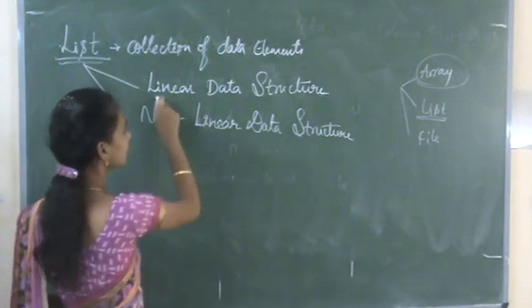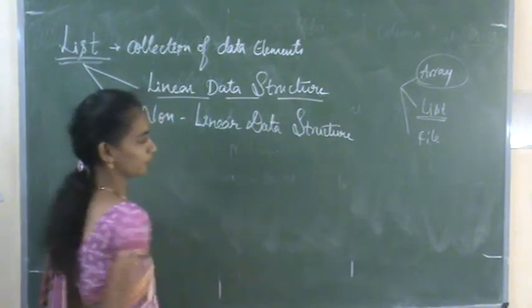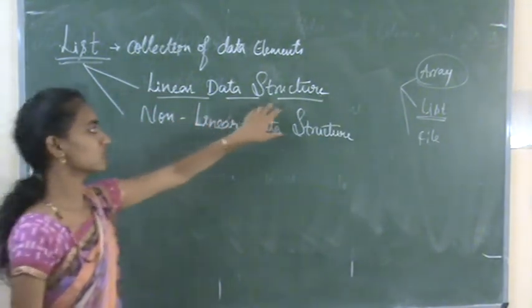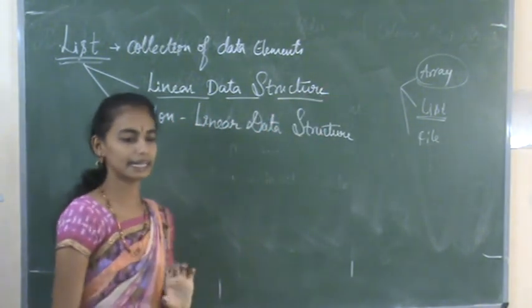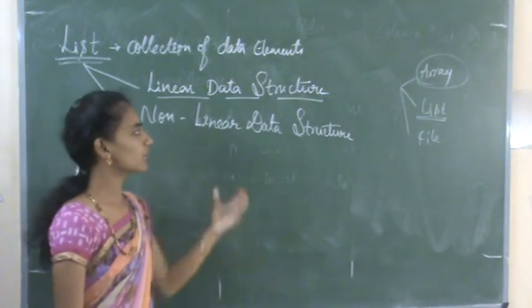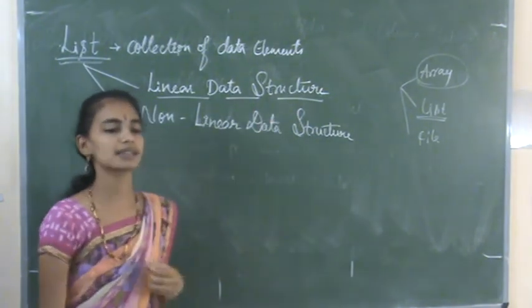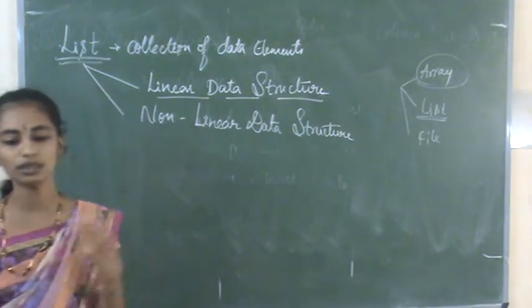So what is this linear data structure? A linear data structure is a type of data structure in which each element has a linear relationship between them.